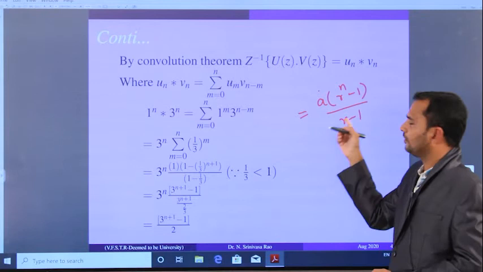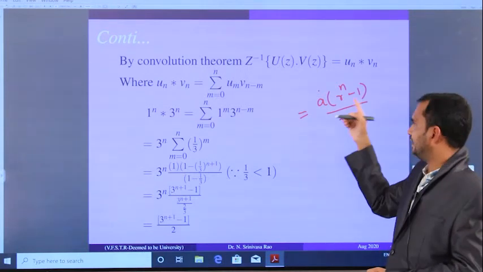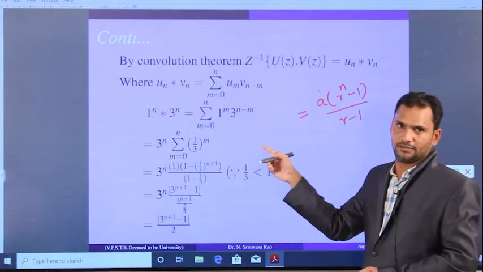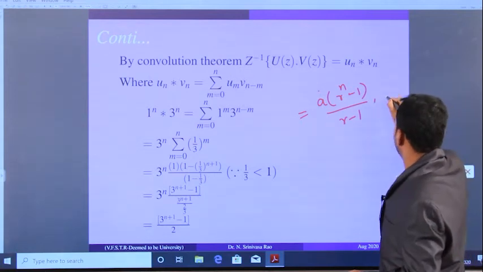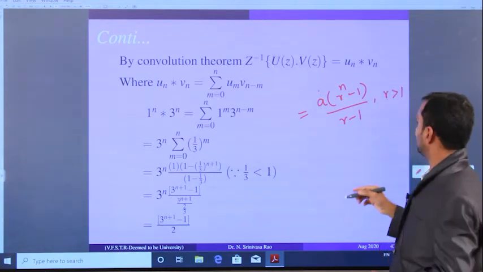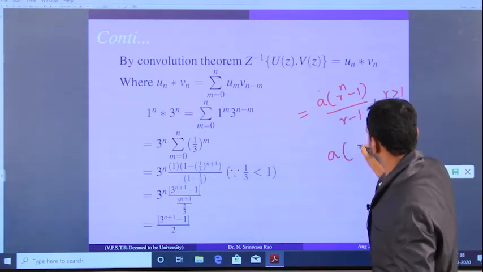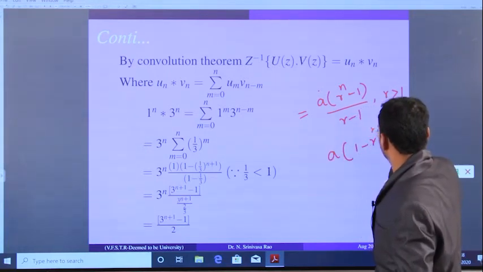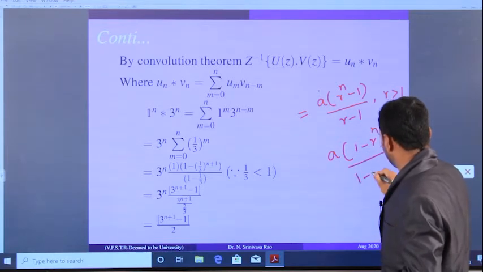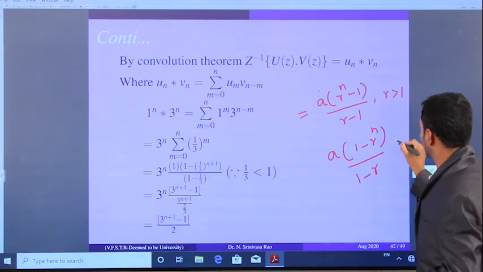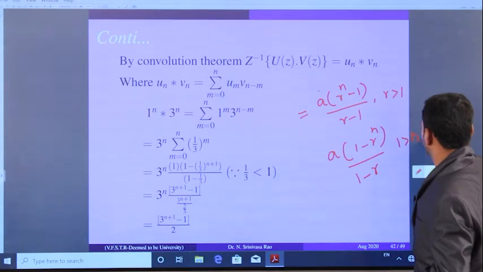This is the formula for the sum of n terms in a geometric progression. It applies if r is greater than 1. The other formula is a into 1 minus r power n divided by 1 minus r, which you apply if 1 is greater than r.